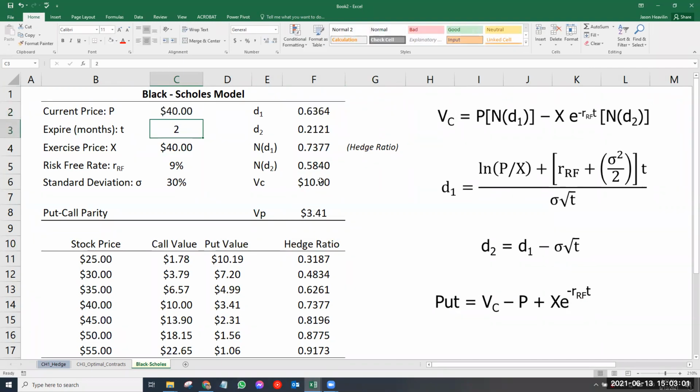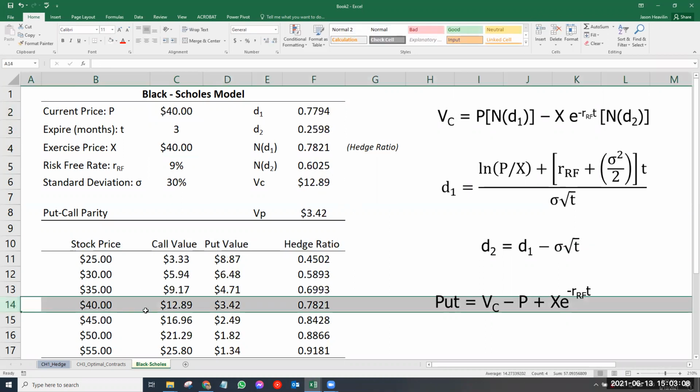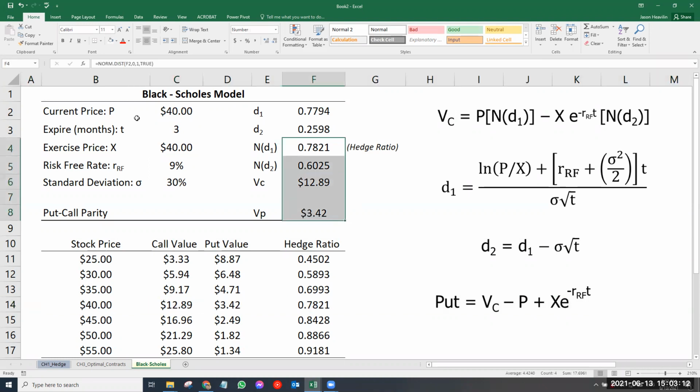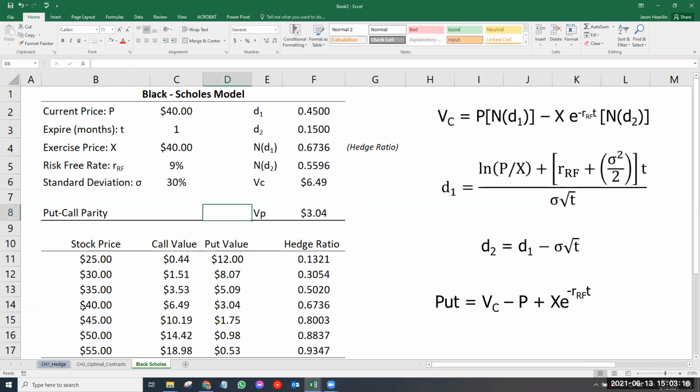Notice also that if I change the time to 3 months, it updates all the values. And if I go ahead and update, let's say it's only 1 month away, it updates all the values. 1 month and $25, it updates all the values.